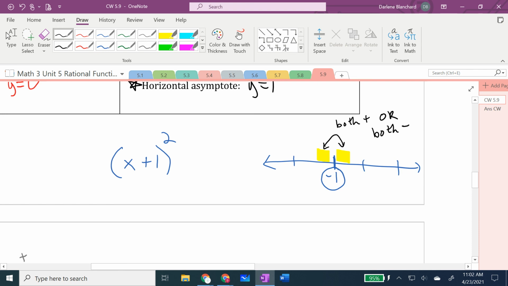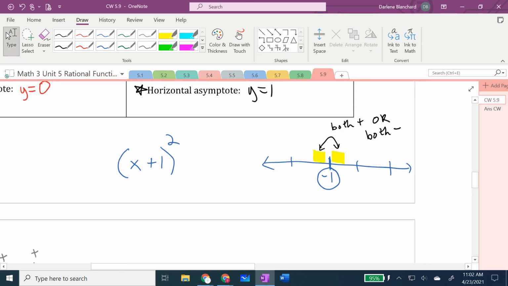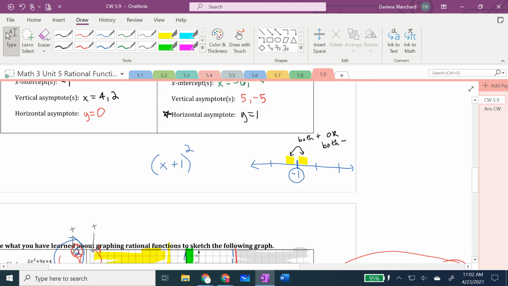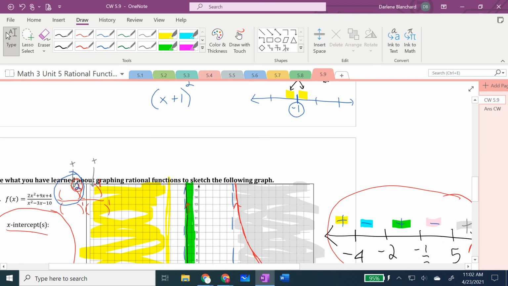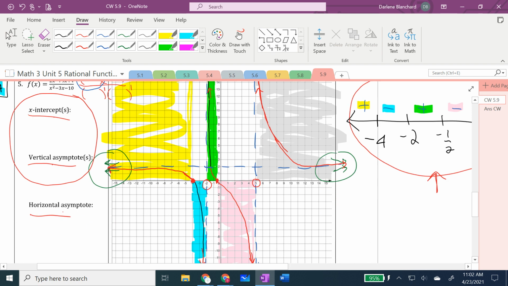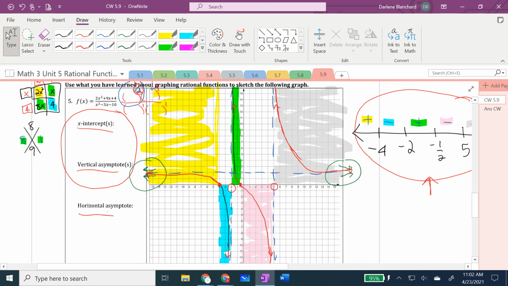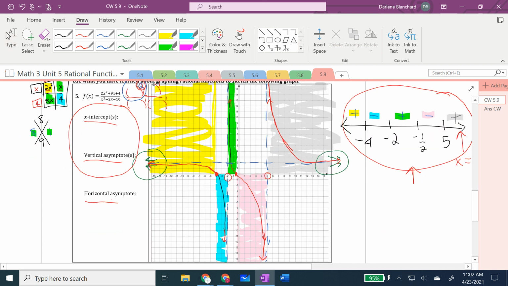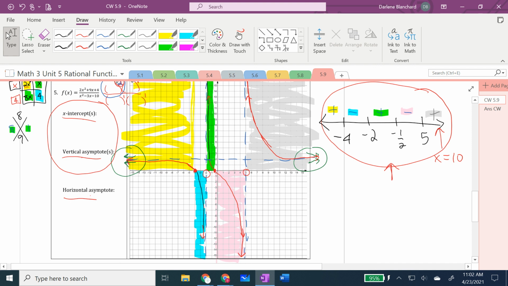Other than that, this sign line is going to switch back and forth, positive, negative, positive, negative. As long as you write down every x-intercept and vertical asymptote and pay attention to any squared factors. And that is good enough.